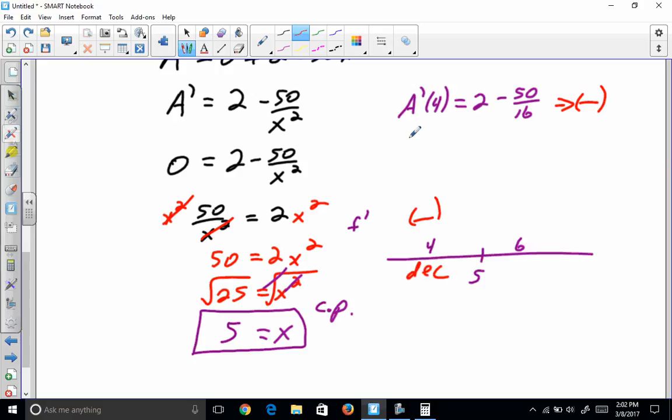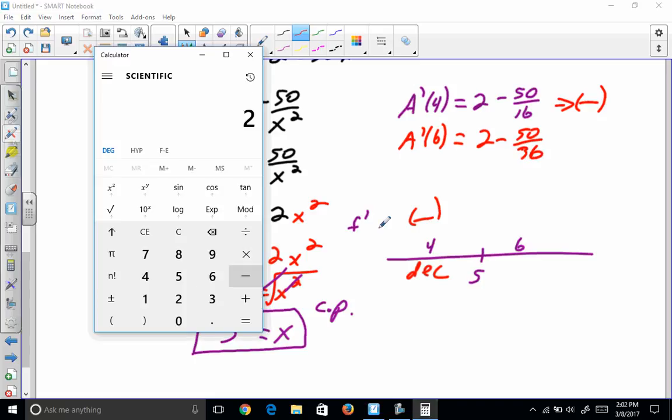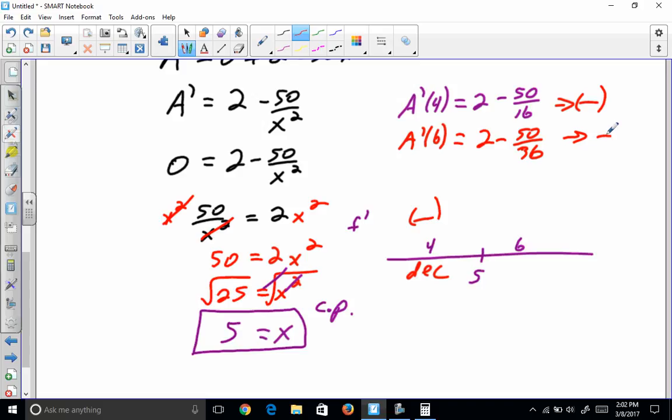And then if we put a 6 in, 2 minus 50 over 6 squared, so we do 2 minus 50 divided by 36, we get a positive. So now we're increasing. So at 5, if we go from decreasing to increasing, yes, that is a minimum.